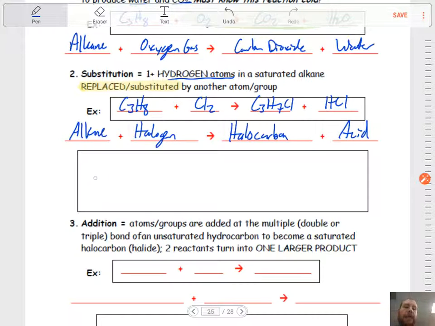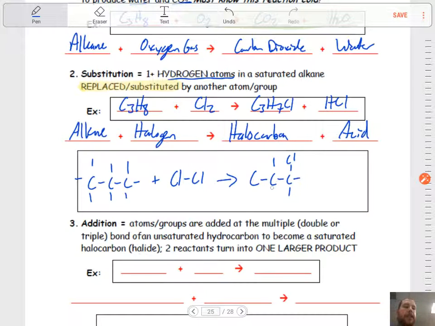So if we looked at it, it would look something like this. We've got all our H's around our hydrocarbon, and then we have Cl, Cl, and they're going to react. One of the Cl's is going to come in and kick out a hydrogen. So this bond is going to break between the two halogen atoms. So now we would have something like this.